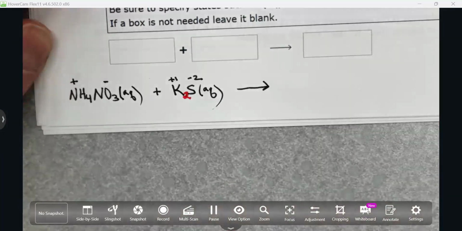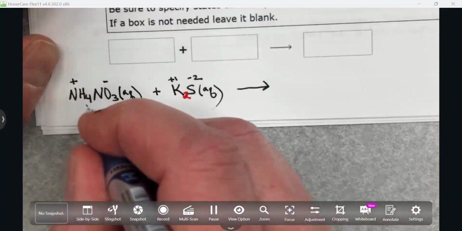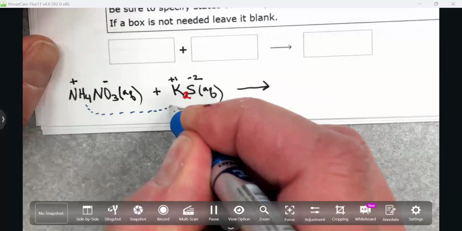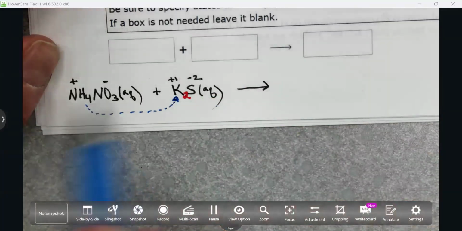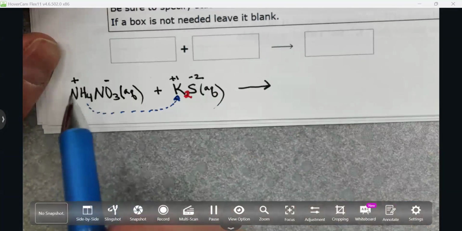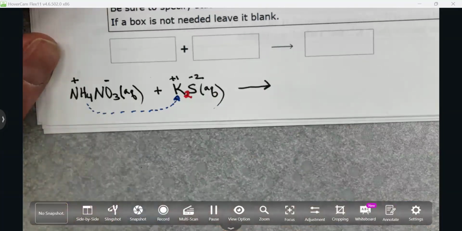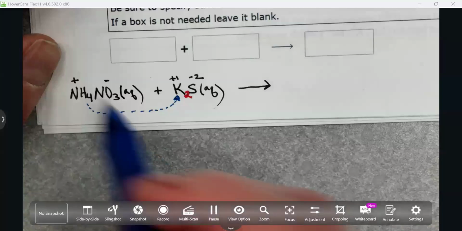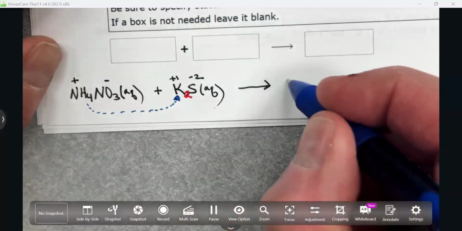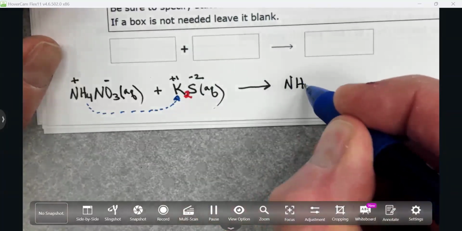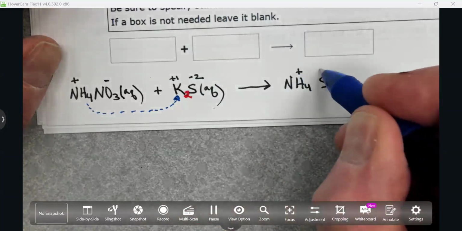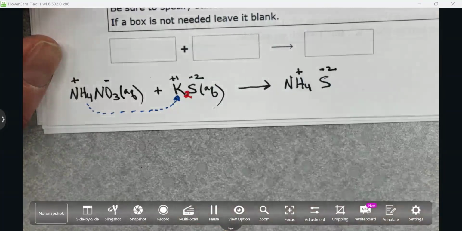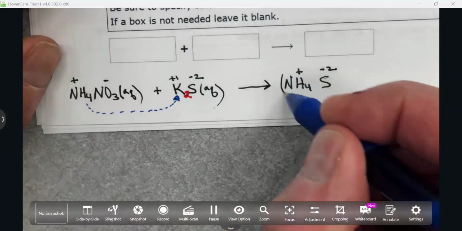Arrow. Switch to positives. Now this time it's the complete ammonium ion, NH4 plus. So over here, NH4 plus, we're going to need 2 ammoniums.